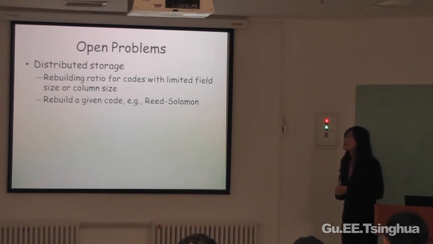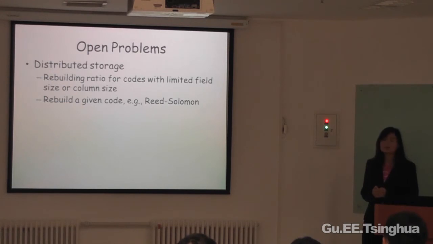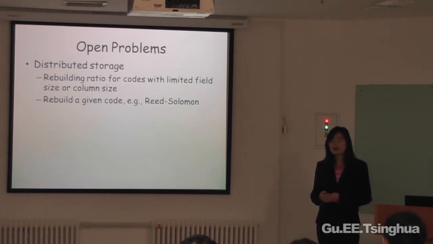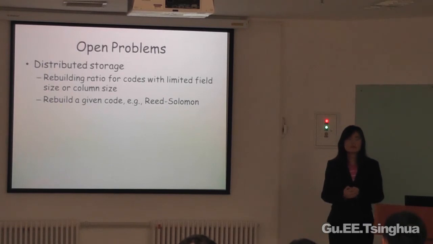Then also, it would be interesting to be able to rebuild a given code, for example, Reed-Solomon code. That is because those codes are very widely used in real systems. And if you can decrease the ratio from 1 to 3/4, that means you actually benefit a lot.